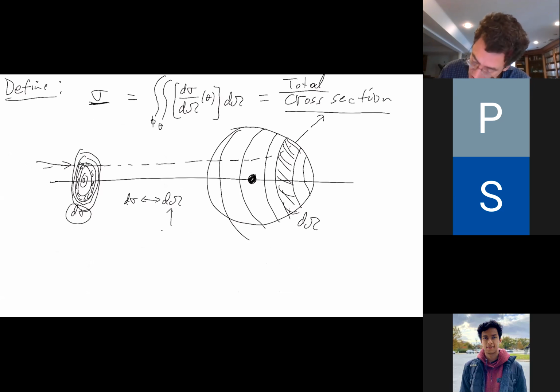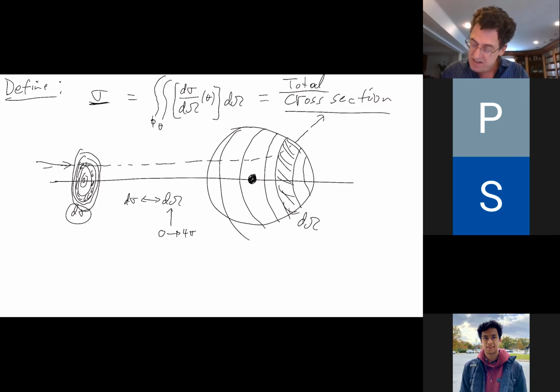Solid angle goes from 0 to what? Tell me. Exactly, 4π. There's a finite amount of solid angle. It goes from 0 to 4π. And so if I look at all the different solid angles that the particle can come out of, it's finite, 0 to 4π.